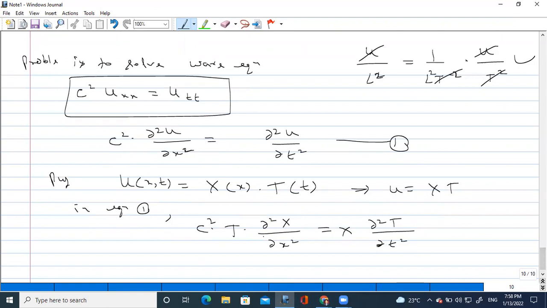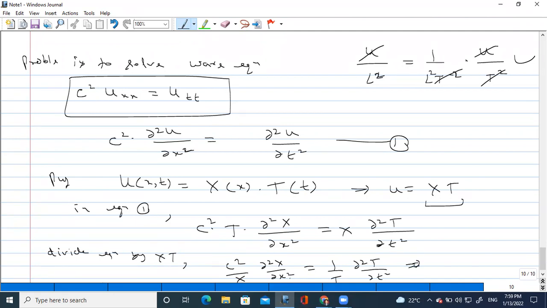Now, as I told you, first of all you have to do the variable separable, and for that we divide the whole equation by XT. Now it will become c²/X into ∂²X/∂x² equal to X divided by XT, it will be 1/T ∂²T/∂t². Now I told you one more thing.